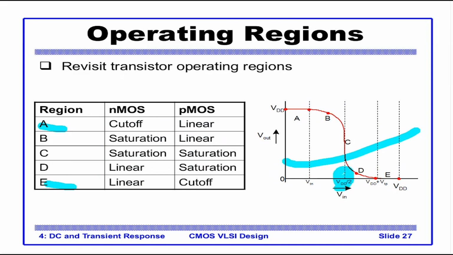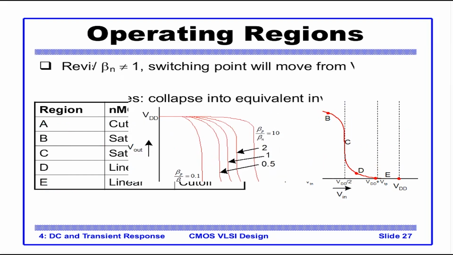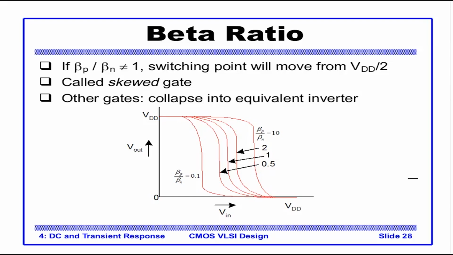This is the switching point, and the shift in voltage is almost instantaneous here. This is for the case where beta n is equal to beta p. That means we have made the PMOS wider compared to NMOS to make the current equal. But if this is not the case, the middle curve is for beta 1.